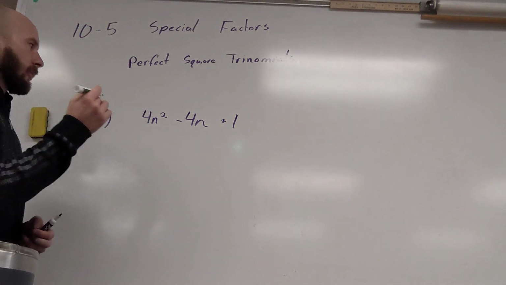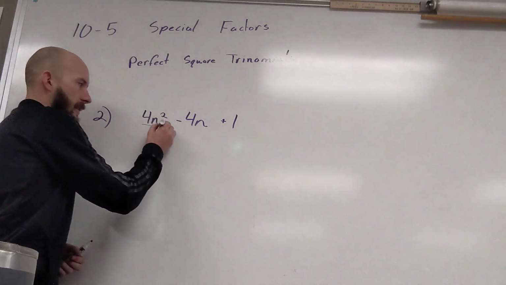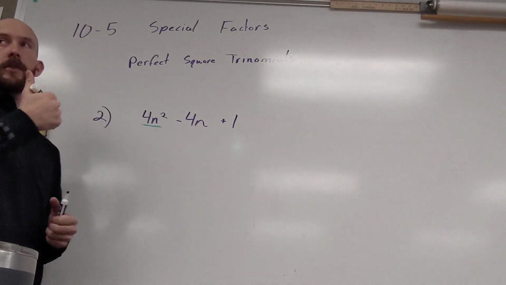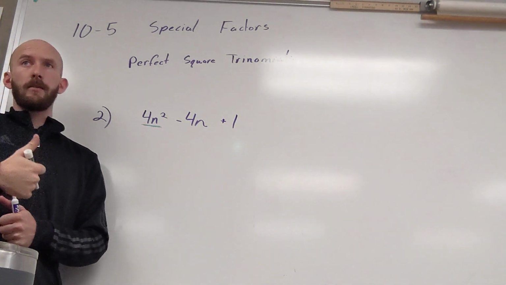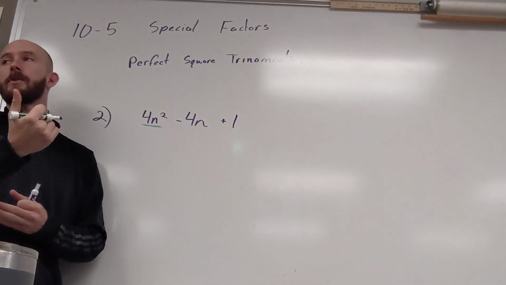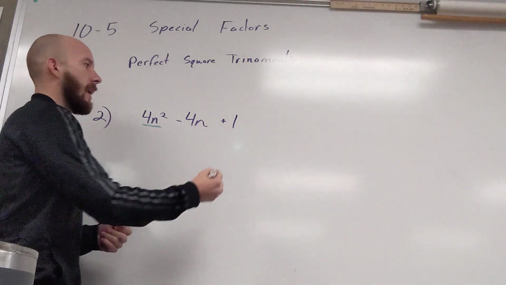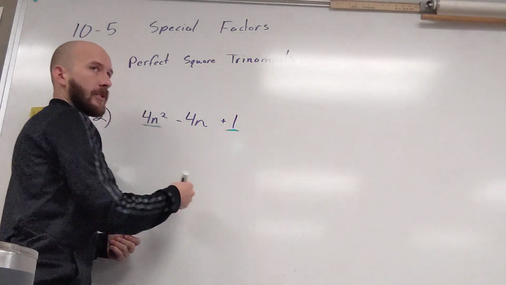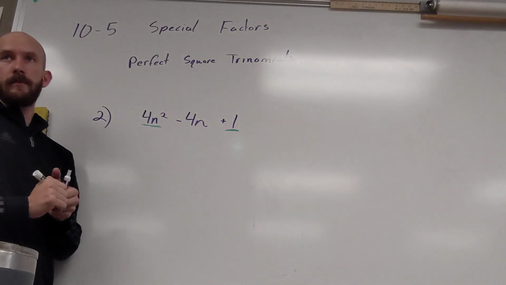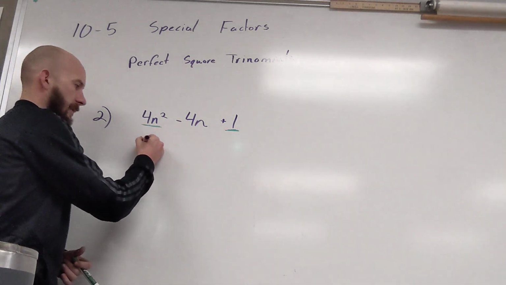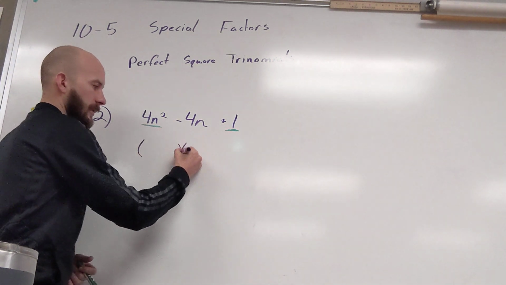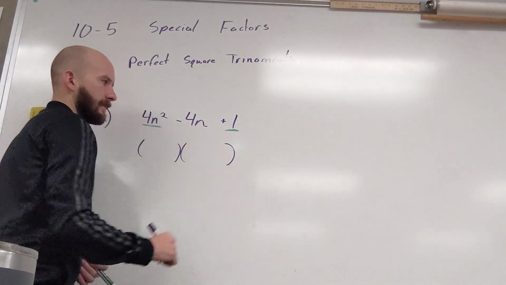Okay, so what I want to look at here, notice that this is a perfect square. 4 is a perfect square, right? And so is n squared, each something times itself. And then this is also a perfect square. That's a good indication. So go ahead and put your two sets of parentheses.